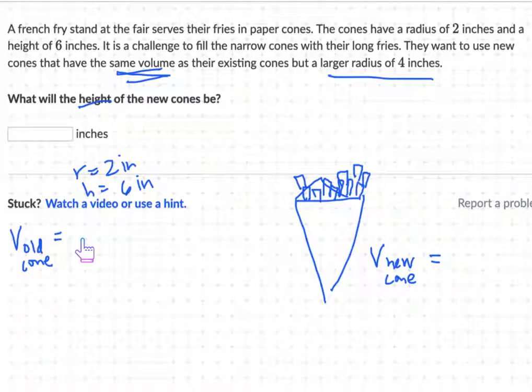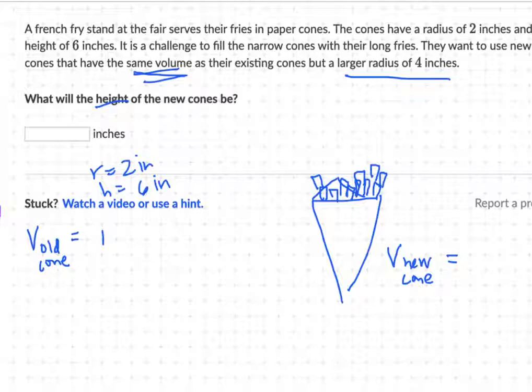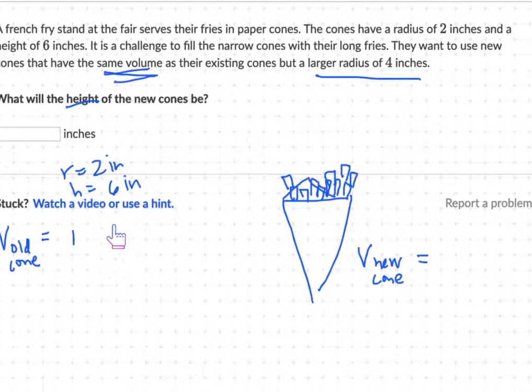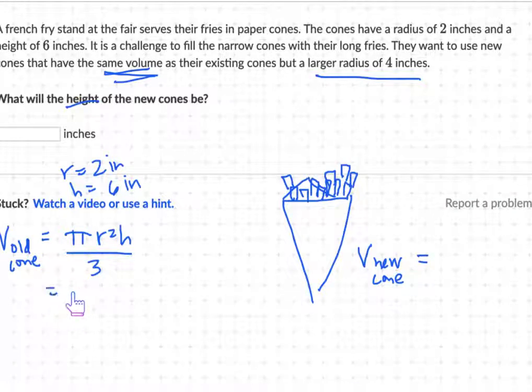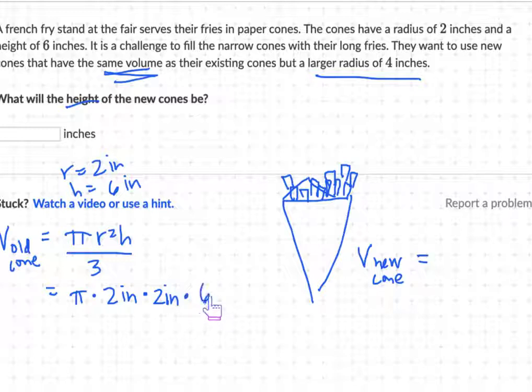A cone's volume is 1/3, so I'm basically going to do pi r squared h, that's the cylinder, divided by 3, because remember a cone is 1/3 of that. So the radius for the old one was 2 inches. I have to multiply it by itself again. And then the height is 6 inches.